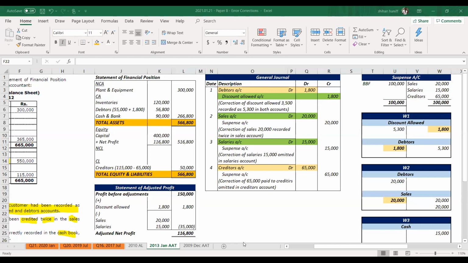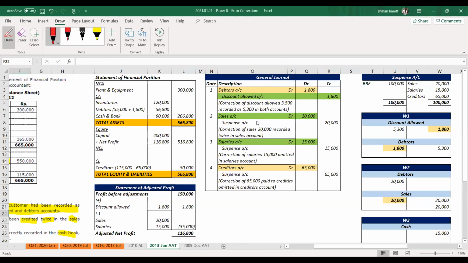Why are we adding 1,800 to the debtors? Because debtors account debit means debtors increase. Creditors account debit means creditors decrease.